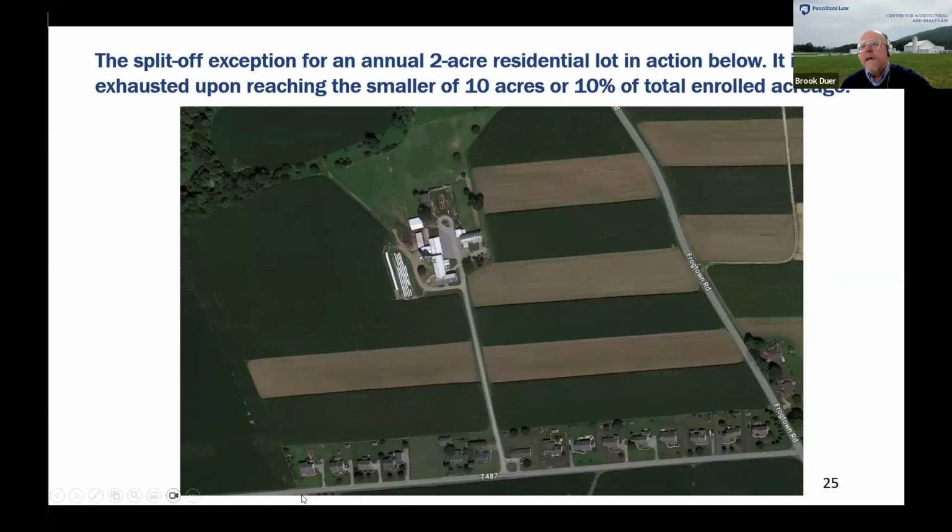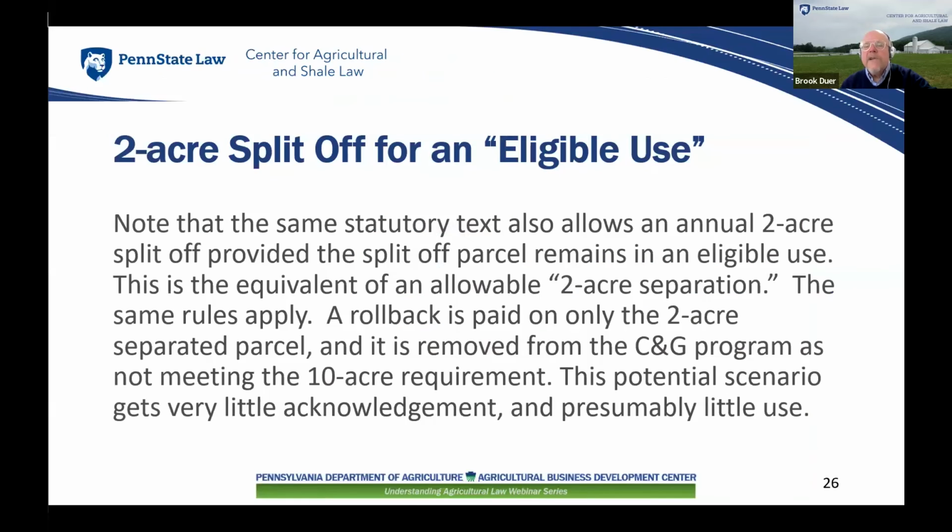Because we'll just make an assumption that probably when this was enrolled, I'm just giving you a graphic and a hypothetical here, this land across the front, the road frontage, was probably in the enrolled land. And then systematically, these little building lots, 2 acres a year, were sold off. Up to, of course, that lifetime limit, so to speak. And that's what it says up here on the top of the slide. So that's a graphic example.